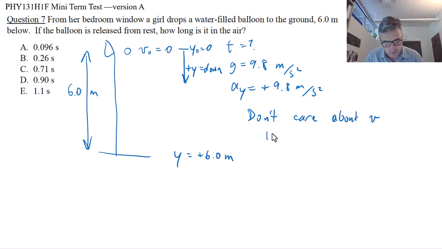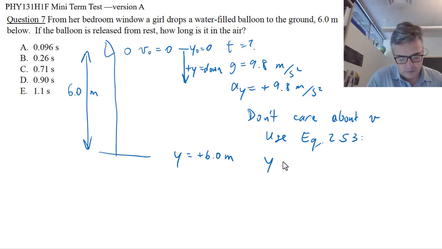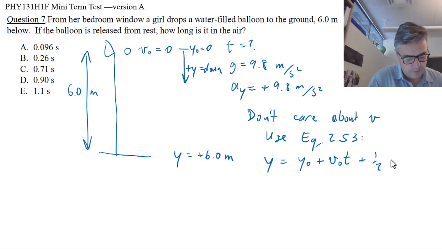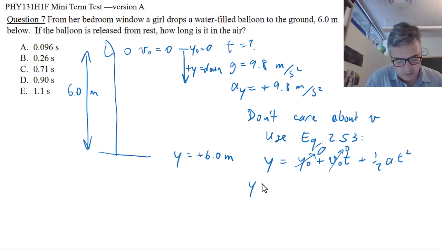So use that equation that doesn't contain v final, equation 2.53, which I'm going to convert to y's instead of x's: y0 plus v0t plus 1/2 a times t squared. We're defining y0 as 0. We've said that the thing starts from rest, so you just see there that y equals 1/2 g t squared. Solve for t.